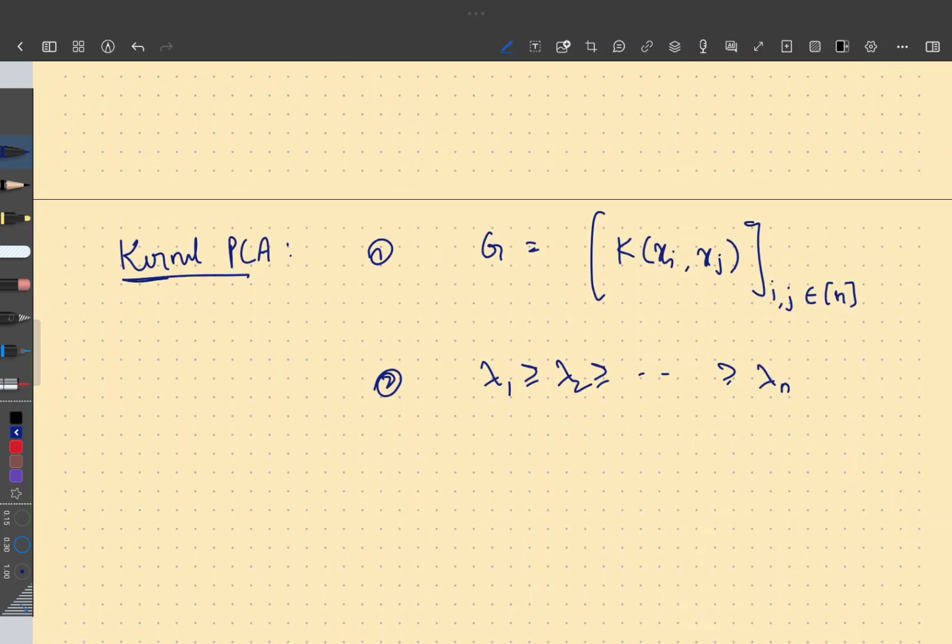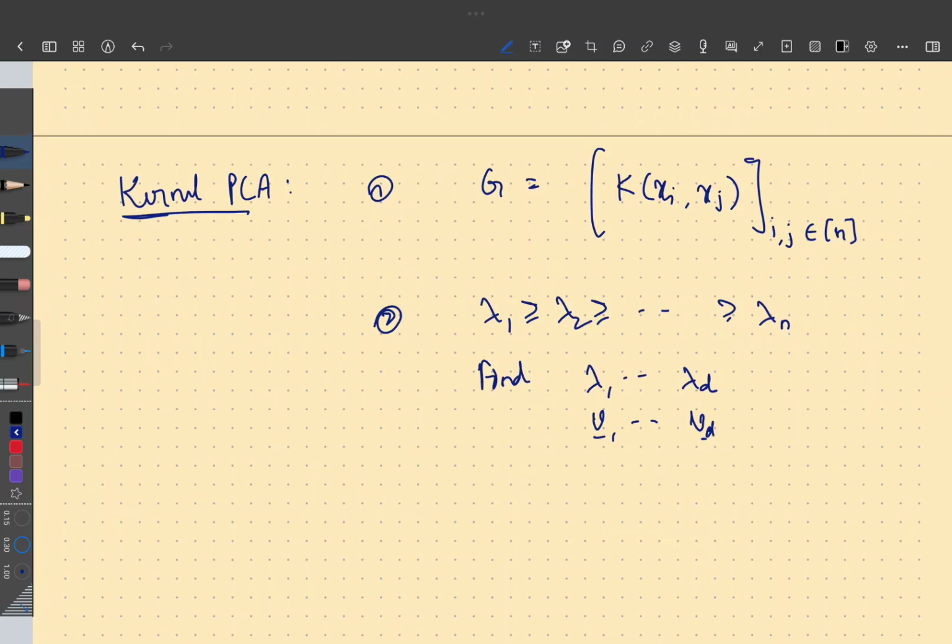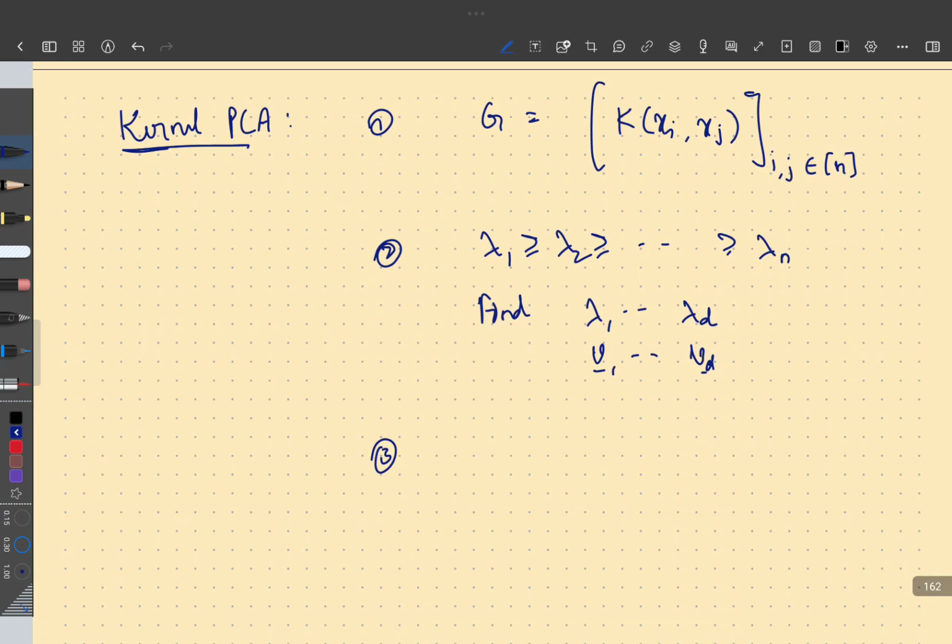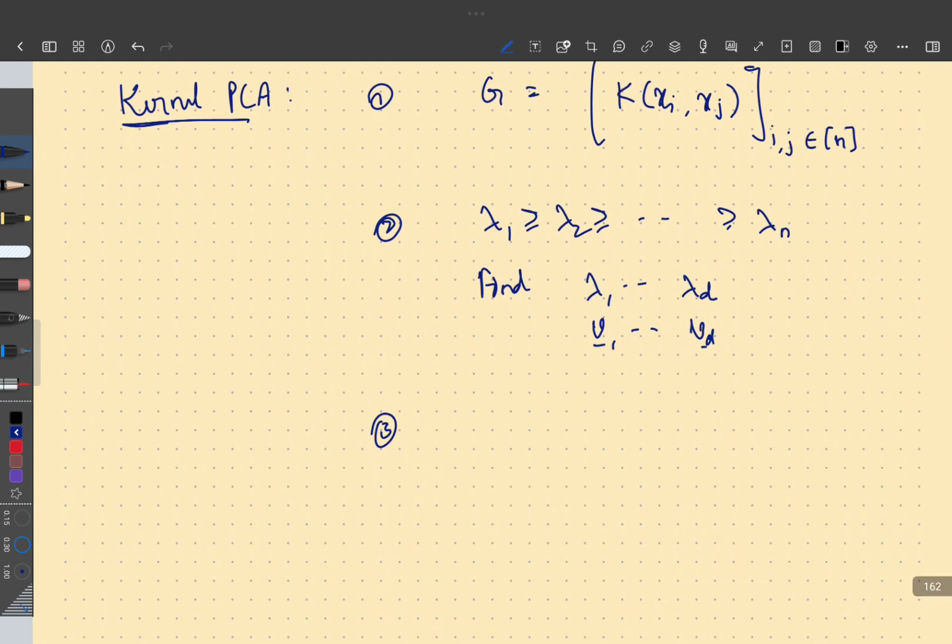So you just compute, it's enough to compute lambda 1 up to lambda d and the corresponding eigenvectors v1 up to vd. And you basically store this as well as all of the n data points that you have.